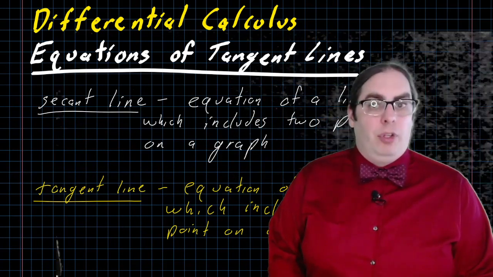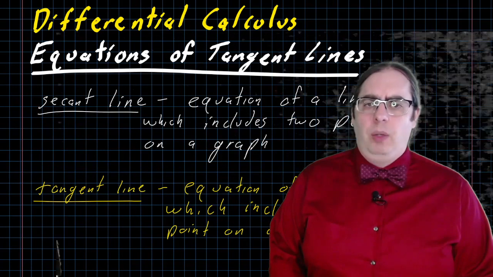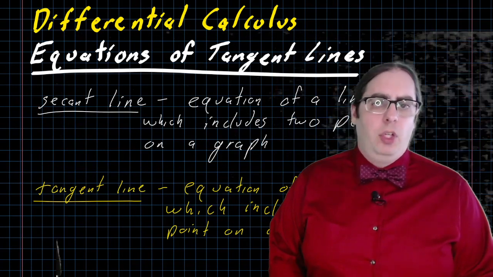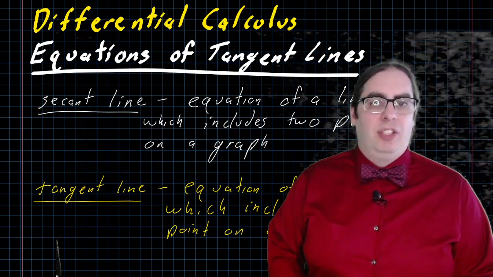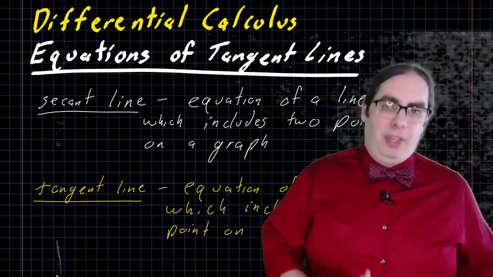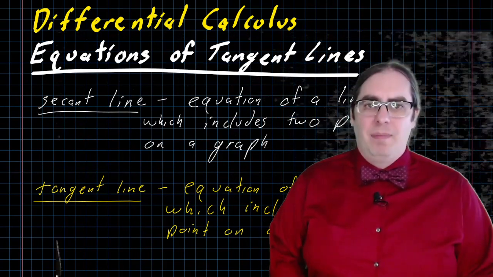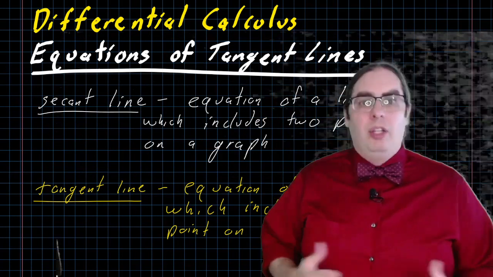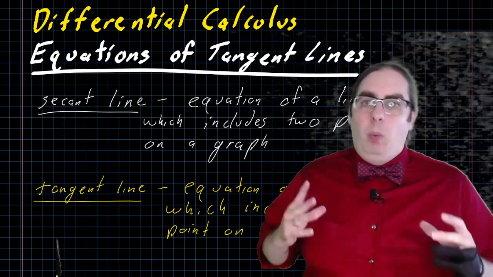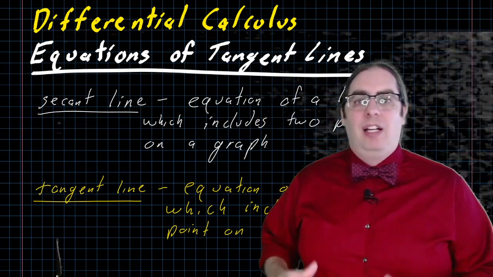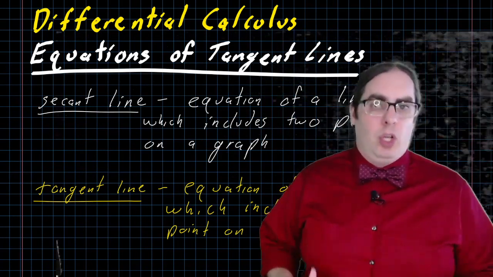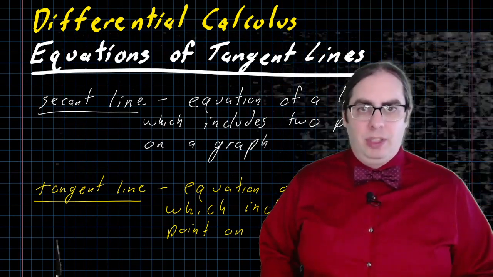It's absolutely true. It's not really what we usually think about when we think about tangent function, although it is what we think about when we think about tangent line. All right, so historically, there is a relationship there, but when we're talking about the secant line or the tangent line, we are not talking about trigonometric functions.